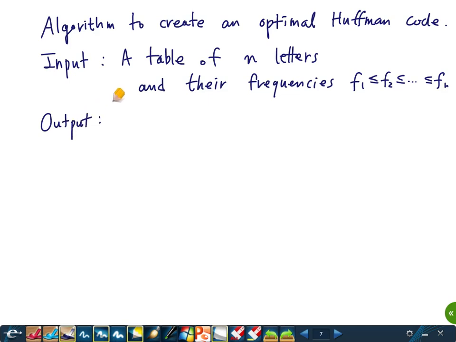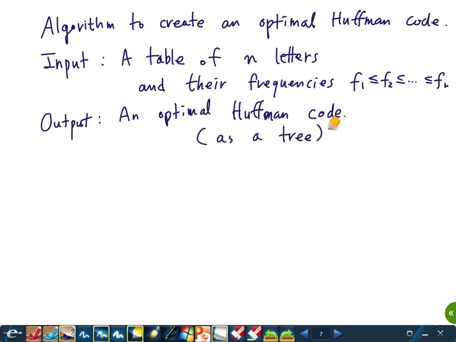this algorithm will produce this output, which is an optimal Huffman code. So what is this? I haven't defined this yet. But the Huffman code is a tree. I'm going to explain this as an example.